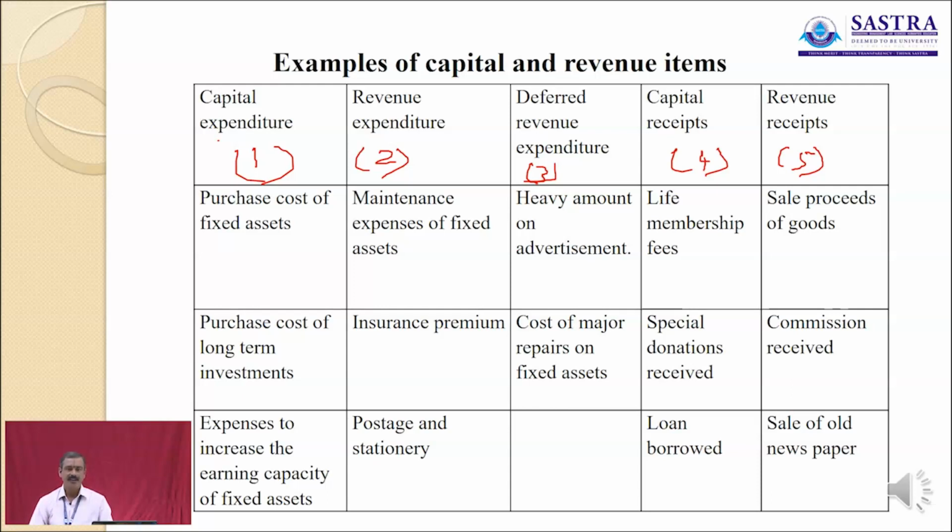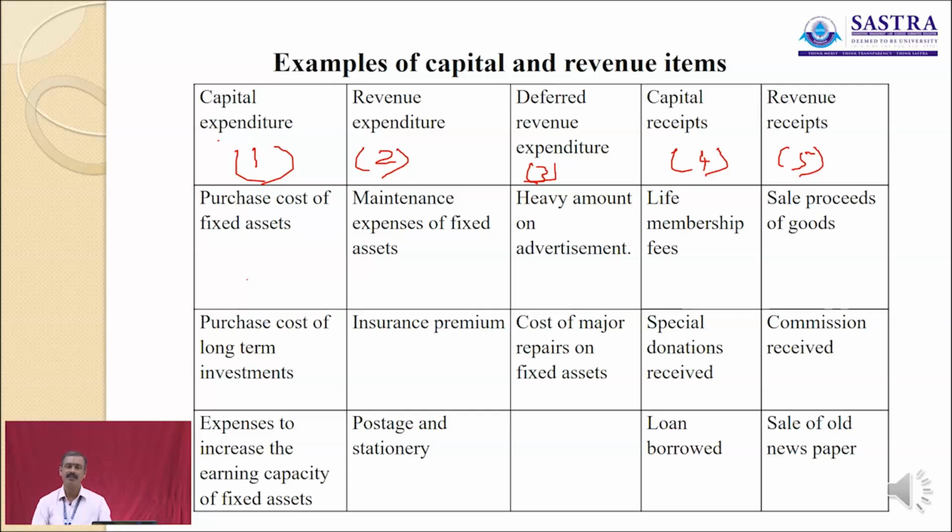Understand and try to discriminate the items so that you will be able to state whether it is this kind of expenditure or that kind of expenditure involved in the organization. Every organization prepares and presents financial reports, income statement and balance sheet.